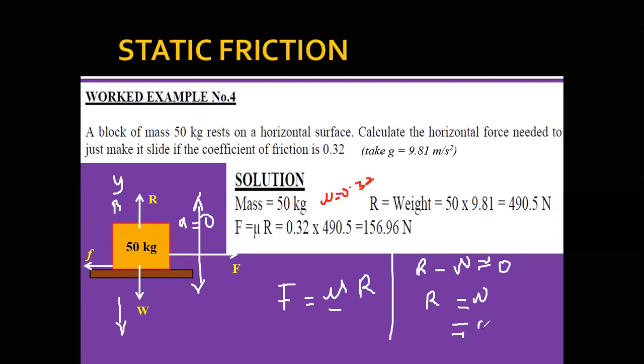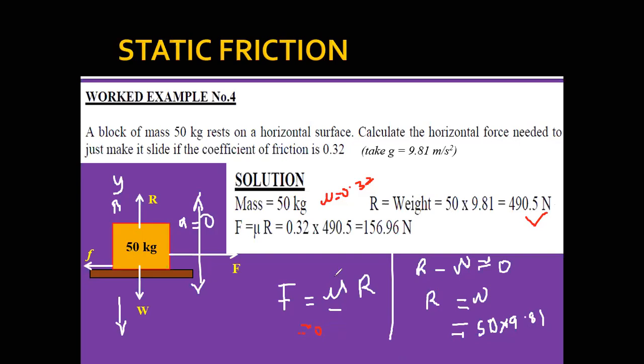Mass has been given as 50, and g is 9.81. Once you do the computation, that will give you 490.5. I hope you have your calculators with you.